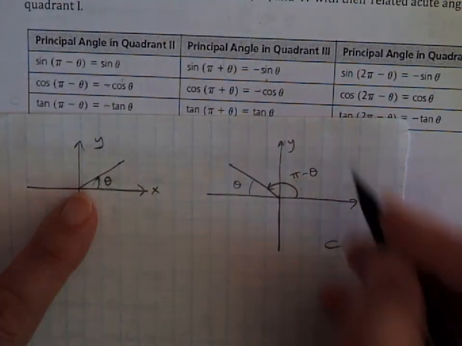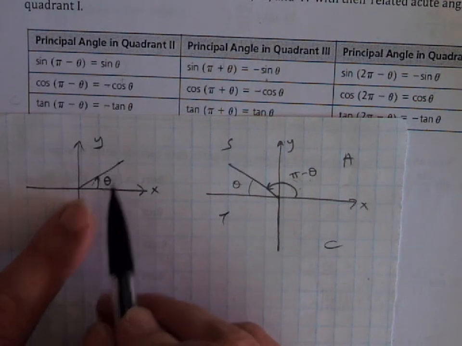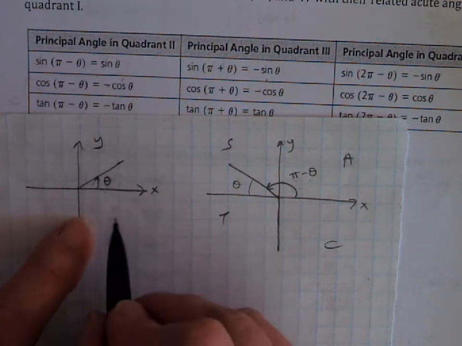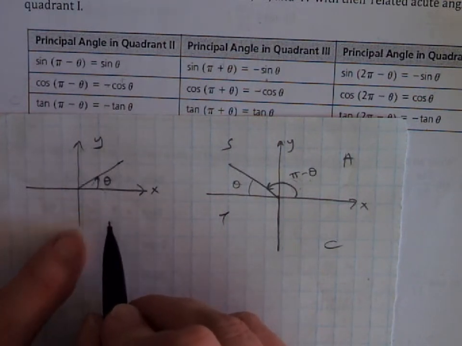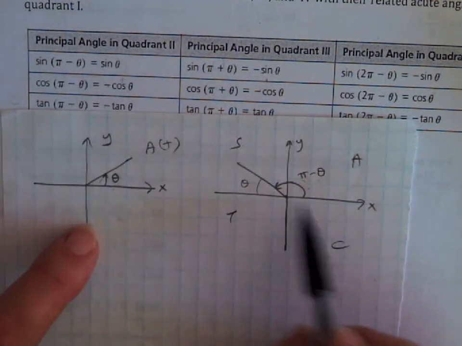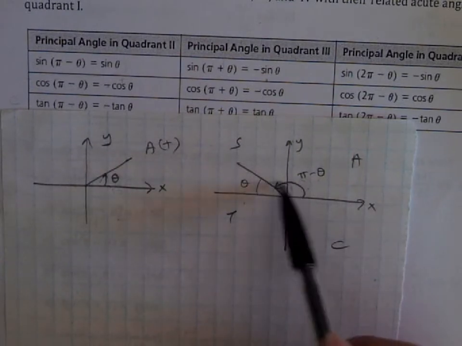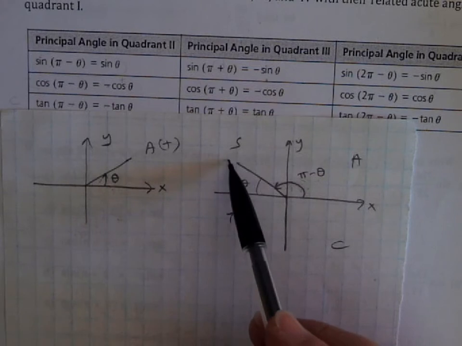Okay, so you're writing the CAST. You know that sine of theta or sine of any angle in the first quadrant is positive, right? So all are positive here. In the second quadrant, sine of this angle is going to be positive as well.